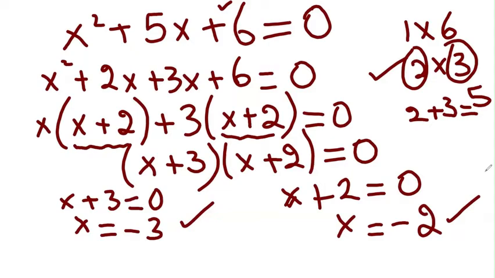Now, how to recheck, how to verify that your answer is correct? You have to substitute X is equal to minus 3 and X is equal to minus 2 in the given quadratic equation. Let's substitute it and check, are you getting 0 on the right-hand side or not? So let's continue with this.